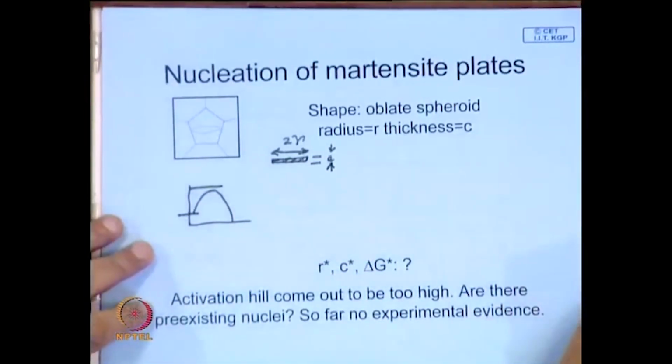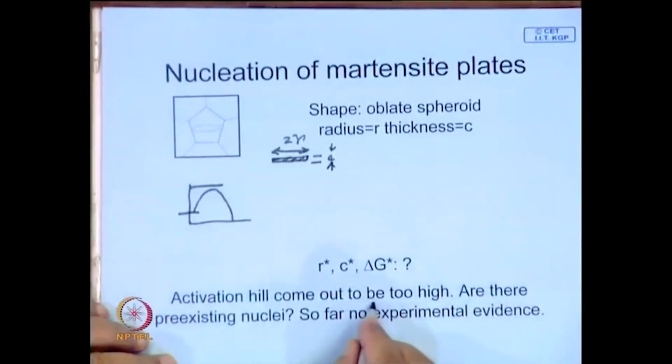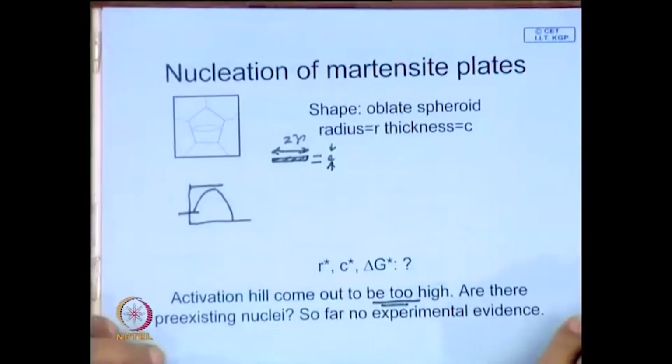People have calculated that this activation hill comes out to be too high. So the doubt arises: if nucleation is important, how does nucleation take place if the activation hill is so high?